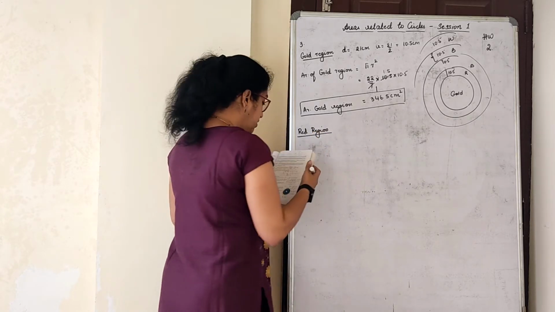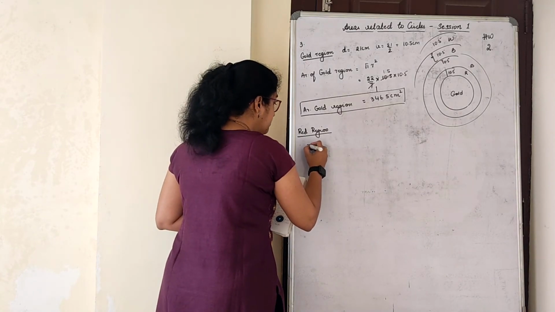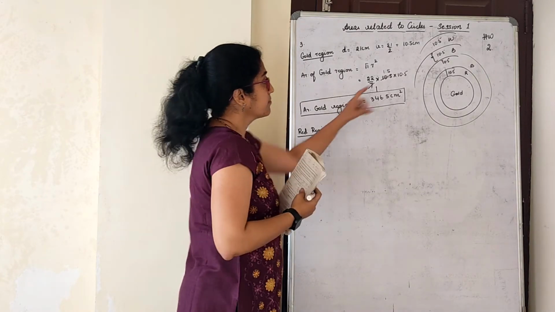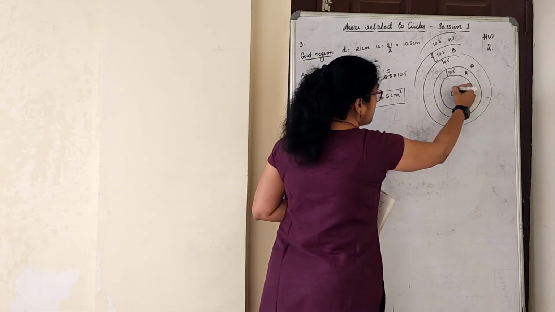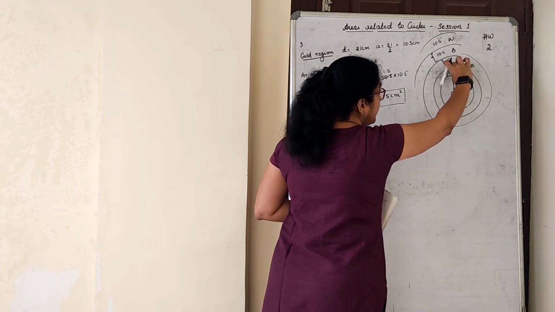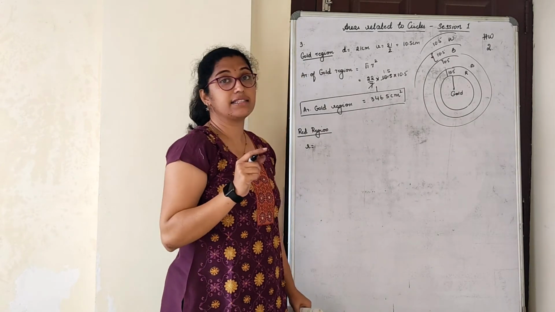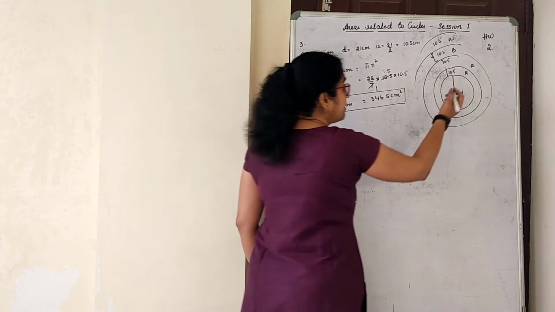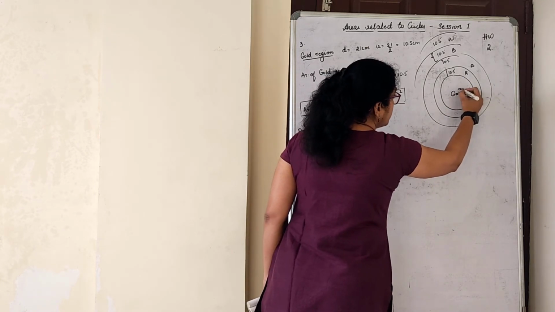Now, red region, when I talk about here, what is the radius? What is the radius of the red region? Now, see here, this is the center. Okay. Now, this is the radius of the gold region. Red region, only the width between the gold ring and the red ring is 10.5. So what will be the radius? I'll just draw here and show. I'll just draw this side. So this is gold.